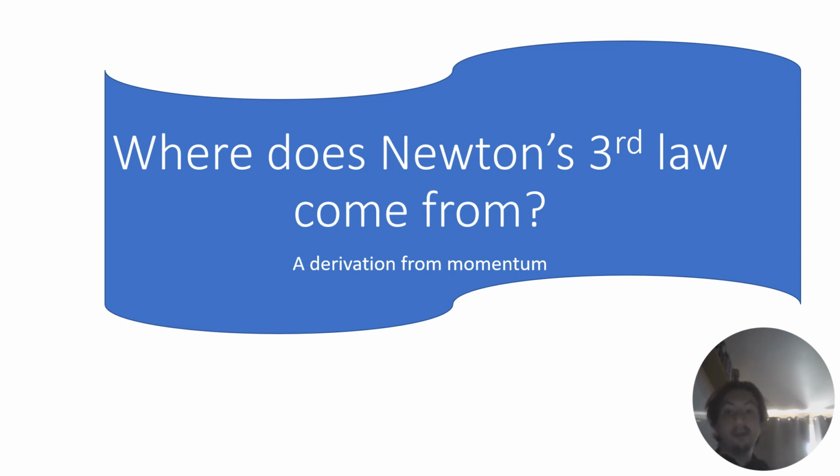And momentum being conserved means that we can describe classical mechanics in terms of momentum and positions without worrying about forces, and this is very important if we're generalising classical ideas to the quantum world. So this will be an overview of how we get Newton's third law from momentum.